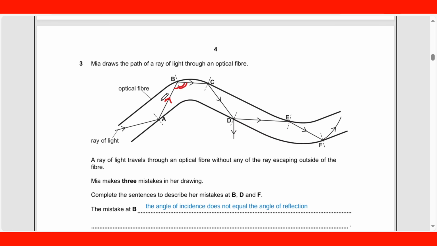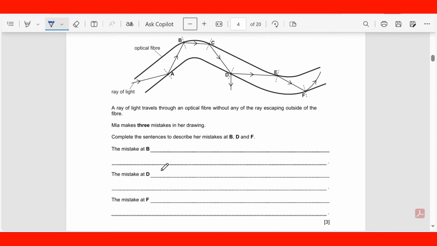That's the mistake. It has to be drawn at the same angle. So this is the angle of incidence and this is the angle of reflection. They are not equal. The angle of reflection is greater than the angle of incidence. That is the reason. Next question.